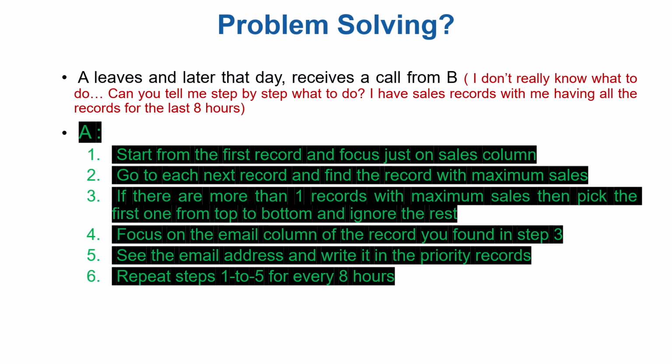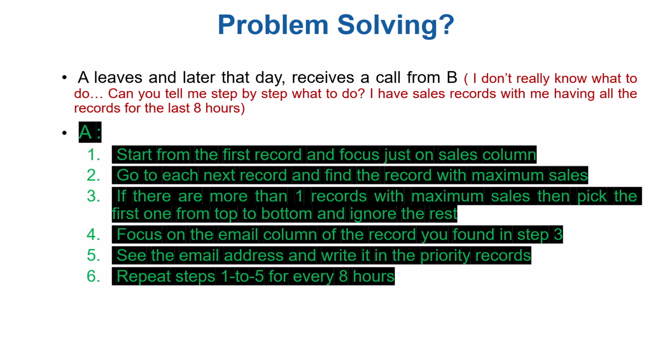Start from the first record and focus just on the sales column. Number 2, go to each next record one by one and find the record with the maximum sales. Obviously, once you have focused on the sales column, you're just comparing sales of different records with each other and will eventually come up with a record that has maximum sales.